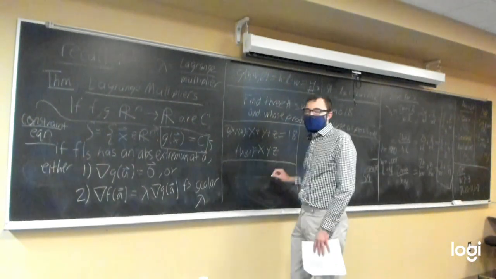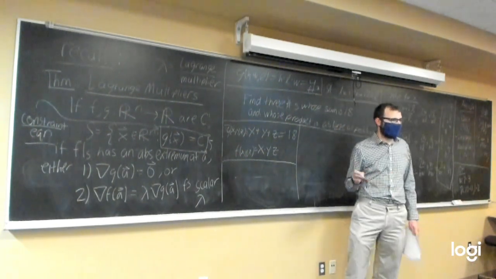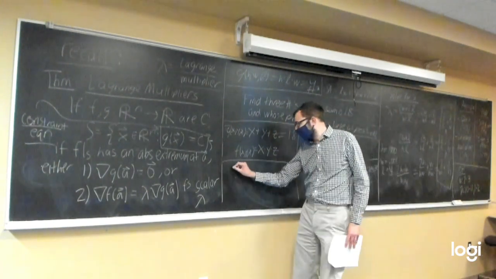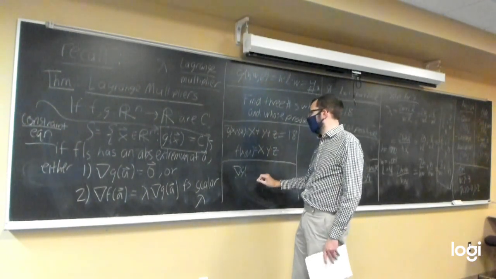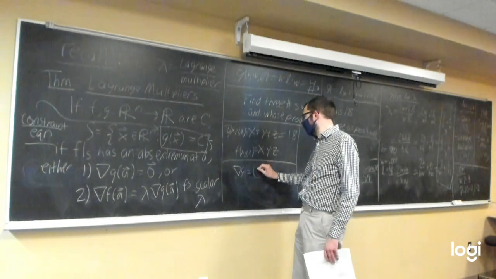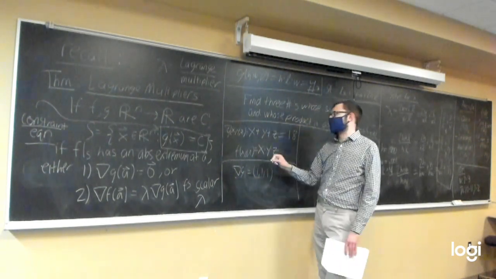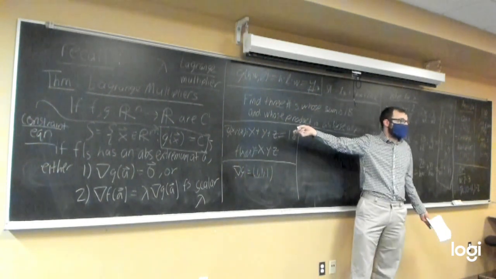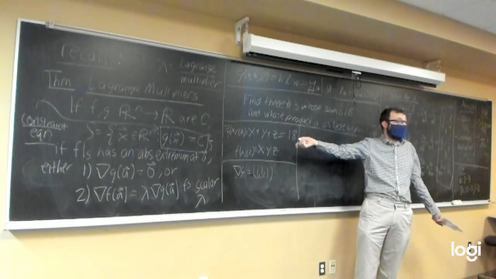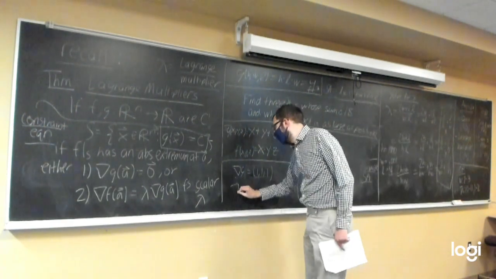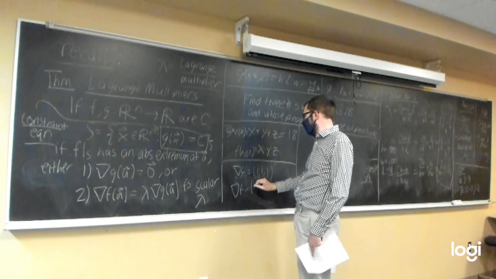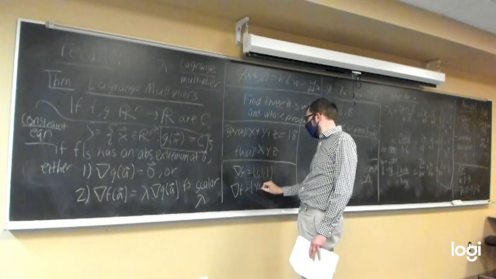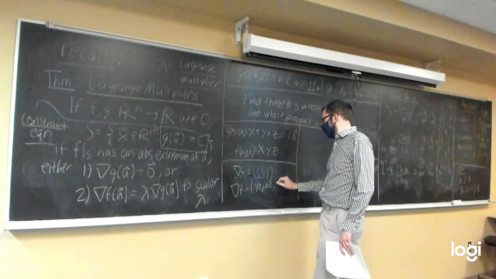First of all, we're a little low on time, so I'm going to work through this one mostly on my own here. Gradient of g, to me, is going to look like 1, comma 1, comma 1. If you differentiate with respect to x, y, and z respectively, they're all going to come out to 1. Gradient of f looks like yz, xz, xy.